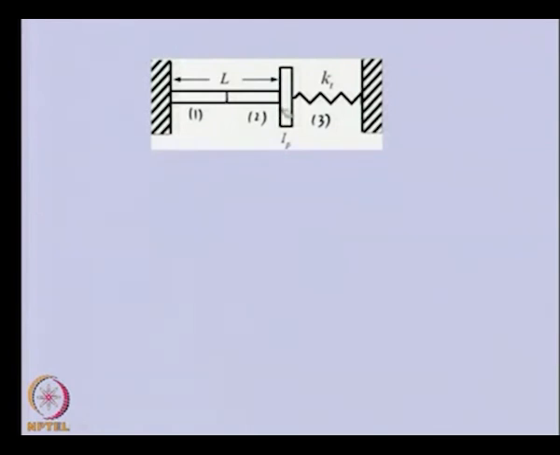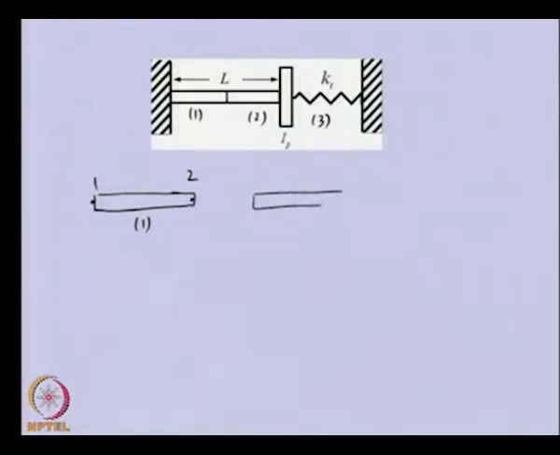The disc we can take up either along with element 2 or along with element 3. For this case we will take the disc along with the spring as element 3. Now I am drawing the 3 elements separately. This is the first element having nodes 1 and 2.